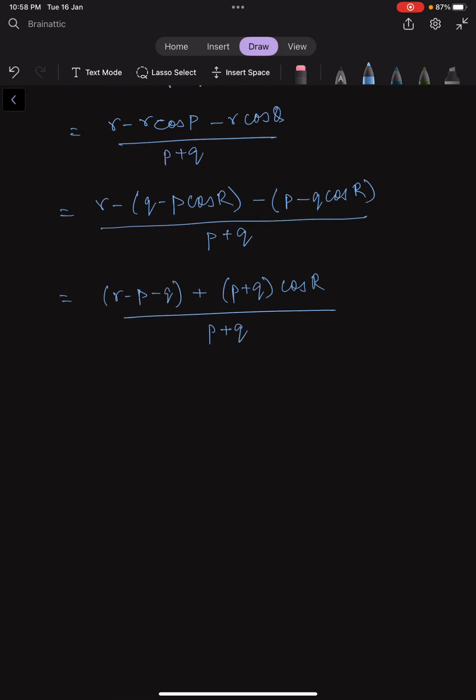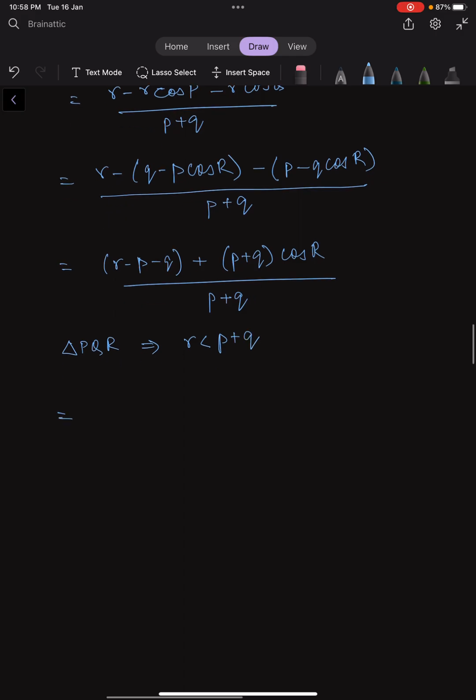Now, since this is a triangle, we are dealing with triangle PQR. This implies that r is always less than the sum of p and q. So we'll just rewrite this expression over here as cos R plus r minus p plus q divided by p plus q.